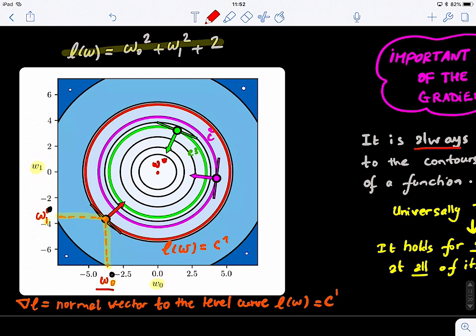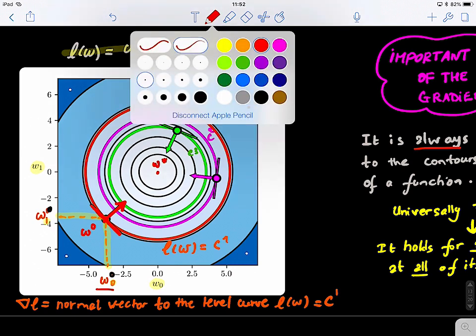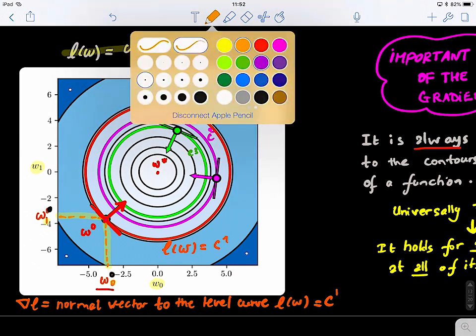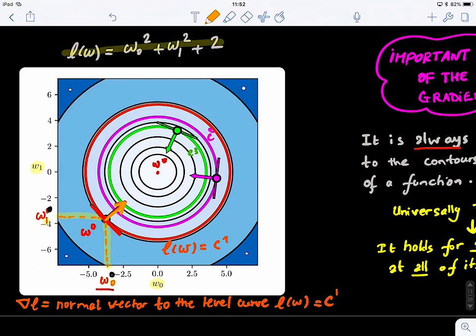Here, this is the tangent to the contour at this point W0, and the gradient is the normal vector. It's perpendicular to this contour.